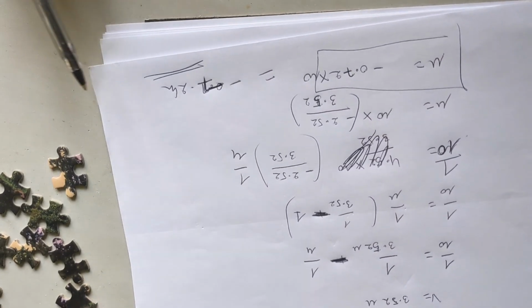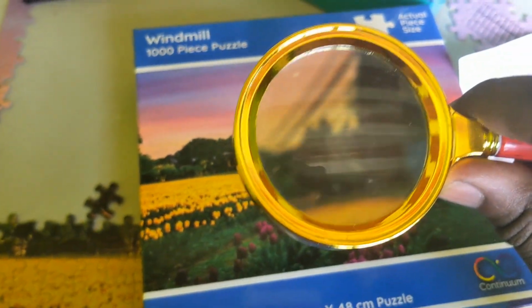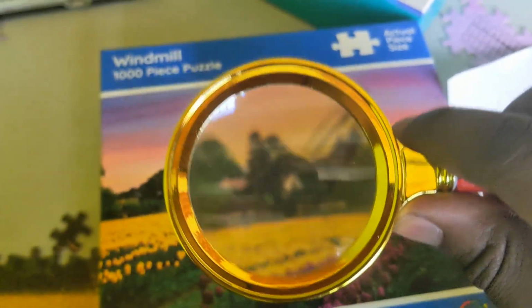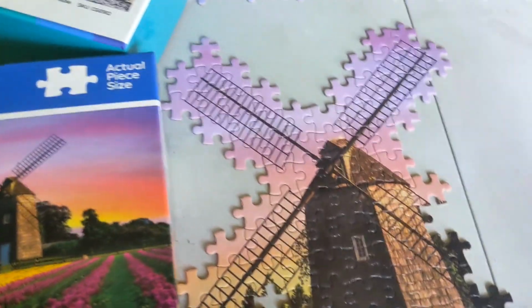So we need to place the object at that distance. Now we conclude that if I place this image at 7.2 centimeters from this lens, then I'm guaranteed to have something as big as this one.